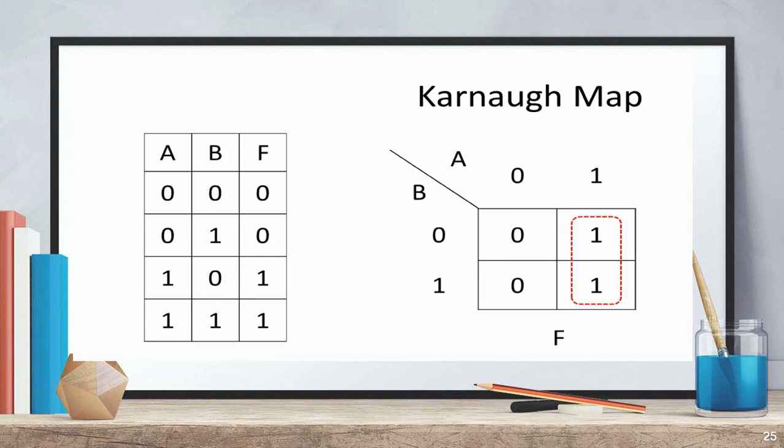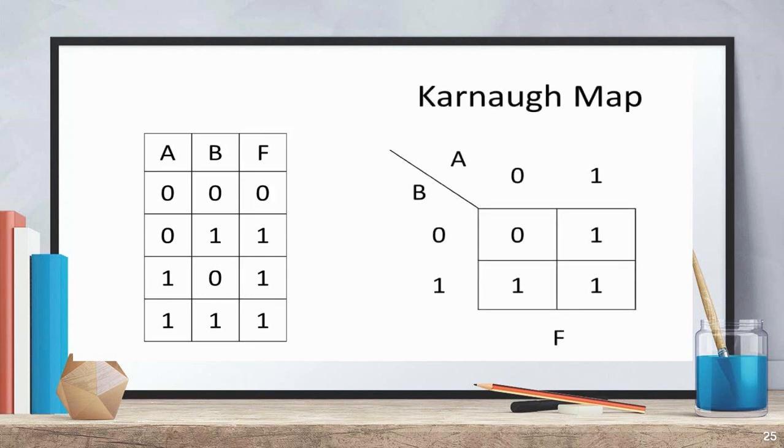Here we can see that whenever there is a 1 in the group, the value of input A is 1. We can also see that the topmost one in the group corresponds to a value of 0 for input B, but the other one in the group corresponds to a value of 1 for input B. This means that the output is independent of the input value B, which makes B a redundant input. This grouping can therefore be expressed simply as A, the output of this function.